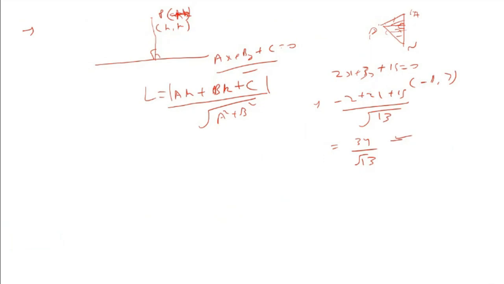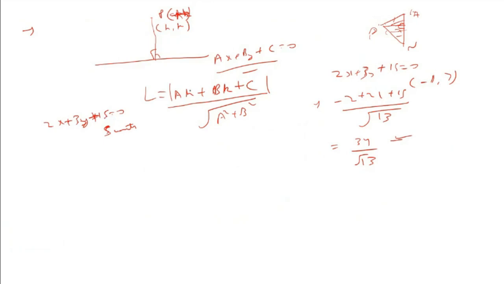If the question had asked the reverse, like basically if the question gave the line 2x plus 3y plus 15 equal to 0, and asked you to find the point that is at a distance of 5 units from it. So you're supposed to find a point which is a distance of 5 units from this line.